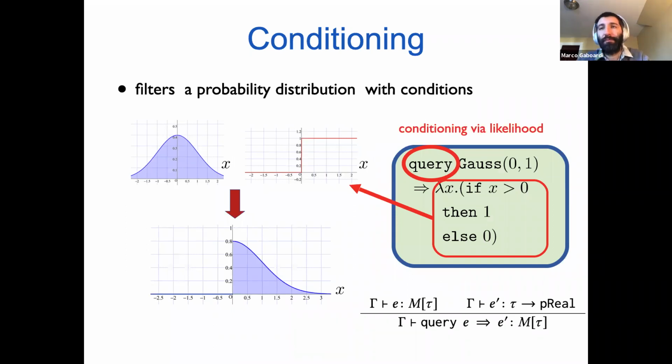one way to describe this in our grammar is through this construction query that takes two parameters. The first one is a probability distribution, and the second one is the likelihood function. And so the semantics of this program is to filter the distribution and rescale it accordingly.